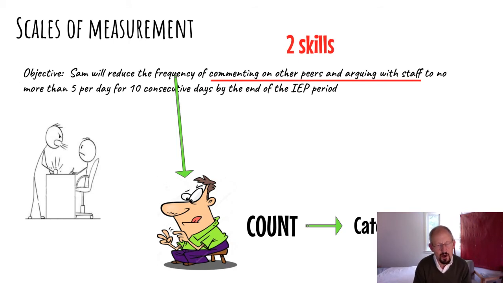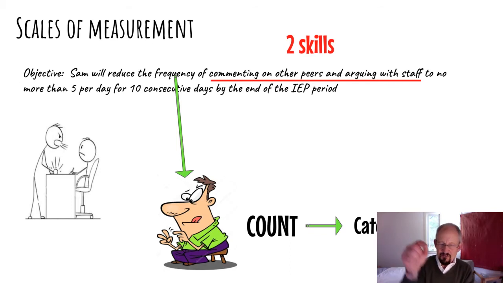A second piece that I want to focus on here that is related to the scale of measurement is that here we've got an objective which is measuring two different things or two skills. One is Sam's ability to reduce the frequency of commenting on other peers, but a very different kind of skill is that he argues with staff, right? He says, why do I have to do this, right? Why do I have to wait in line? Why can't I comment on my peers, right? So those are two different things, and if we're just getting a count, we are mixing two different skills and can't tell.